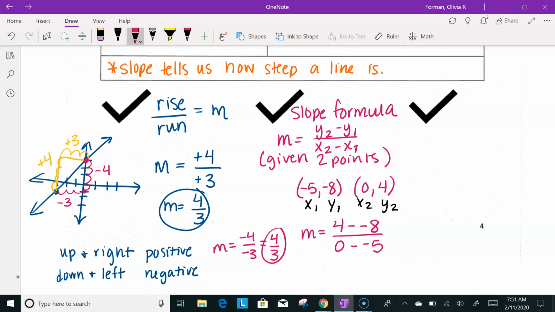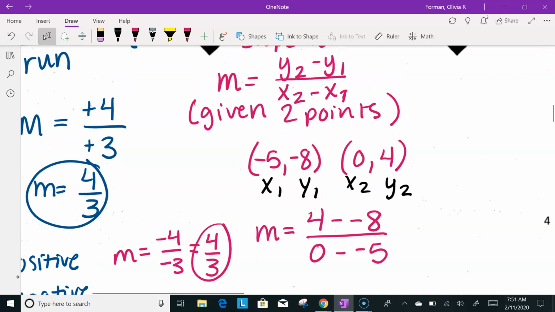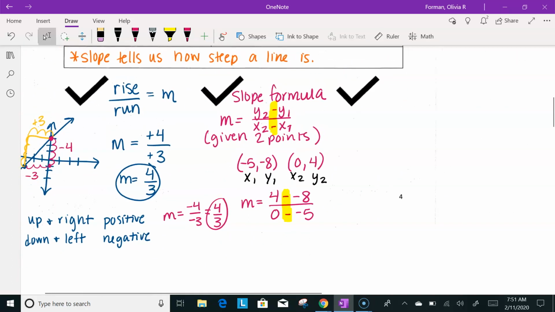What you get here and what you want to watch for is that negative, that first negative, is just part of the formula. If you look up here, we're always subtracting the x values, subtracting the y values. So this first negative, that's just part of the formula. You can't use that as the negative on the ordered pair. So that's why you'll see over here that we have a negative, negative.